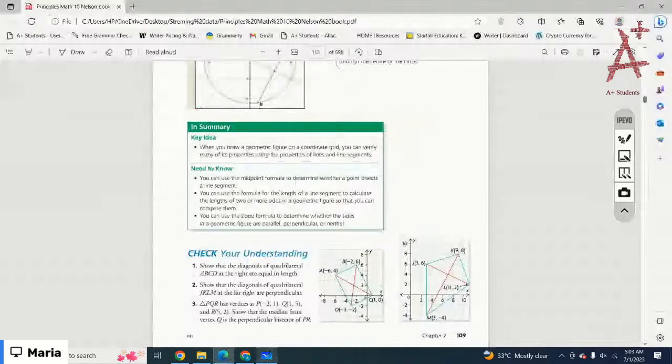Okay, so show that the diagonals of quadrilateral ABCD at the right are equal in length. So we have to see that the diagonals of the quadrilateral are equal. The points are: A is negative 6, 4. Let me just write them down on the board.